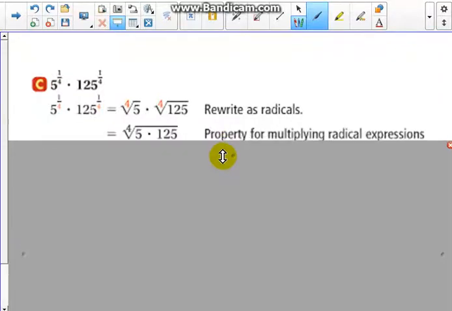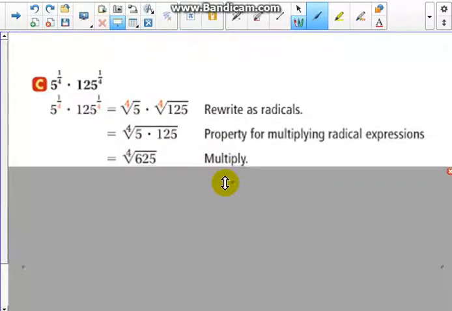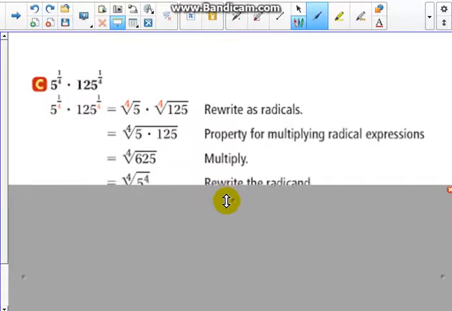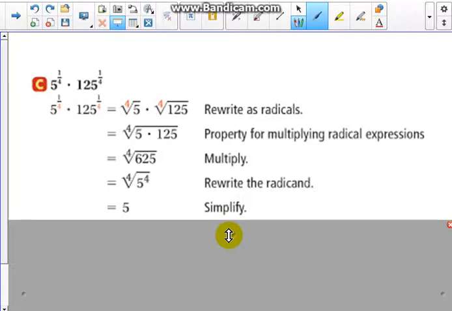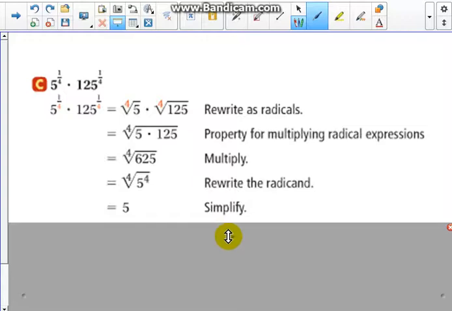Now, what we can do is multiply those together. The 4th root of 5 times 125, which is the 4th root of 625. And if you plug that into a calculator, you quickly find that that 4th root is 5.